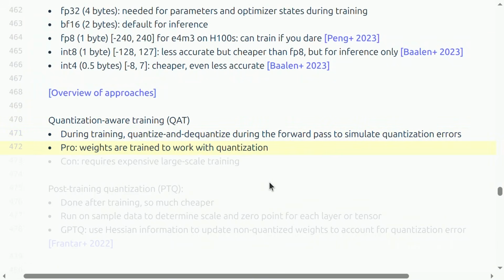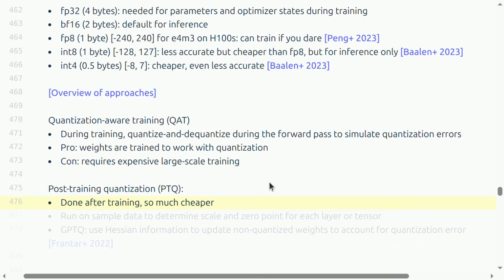Now the weights are adapted to the quantization, so things generally work better, but the con is that it requires expensive large-scale training. Typically, people train models and then quantize after the fact. This is post-training quantization, and it's often much cheaper.